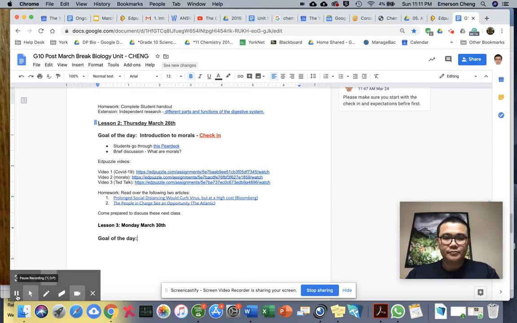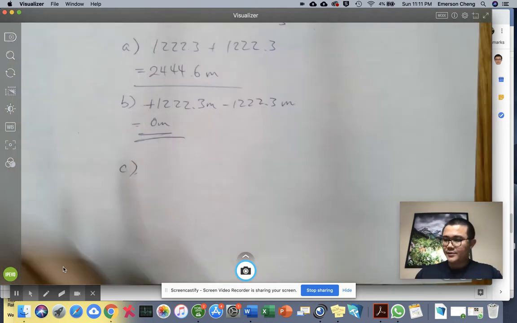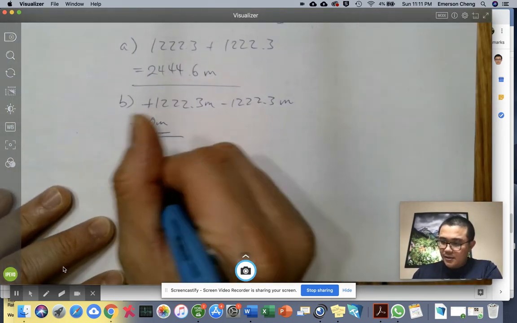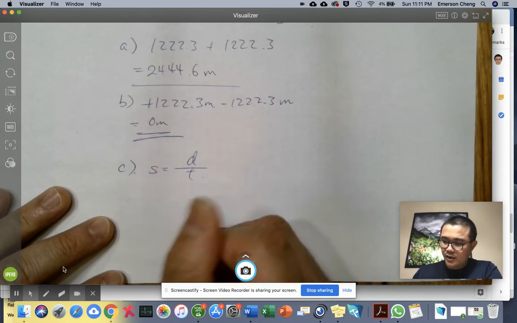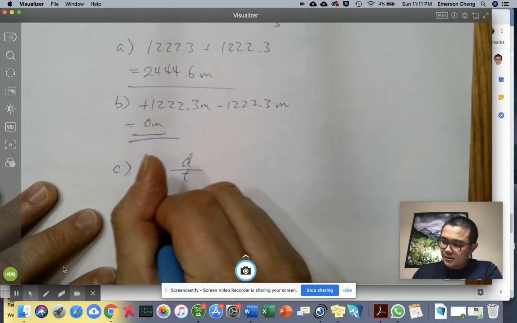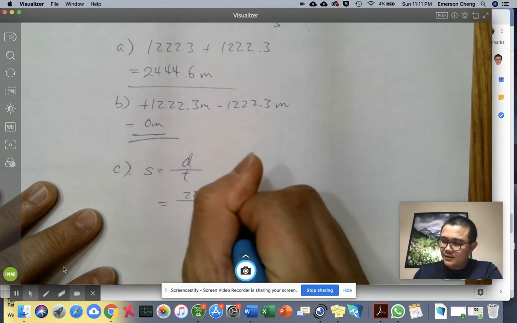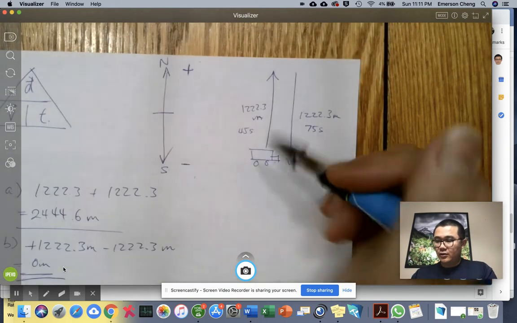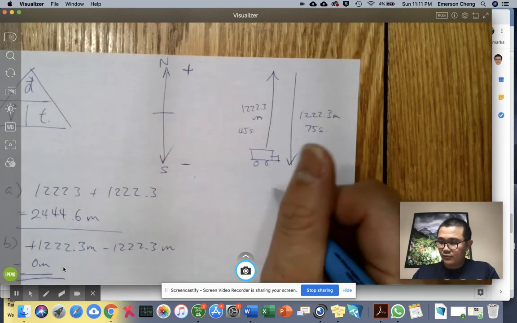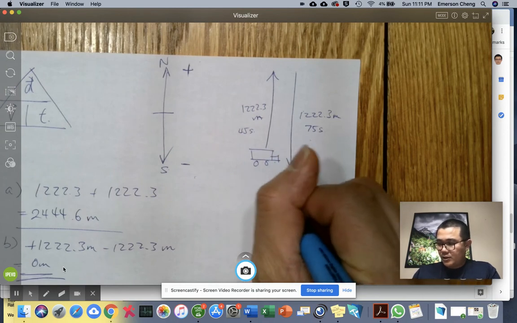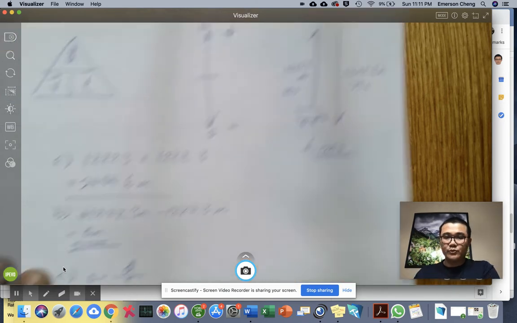C: average speed over the whole ride. Calculate the speed. I know speed equals distance over time. The distance is 2444.6 meters. Now, let's see how long it took. It took 45 seconds plus 75 seconds, which really means it took 120 seconds. So time is 120 seconds.